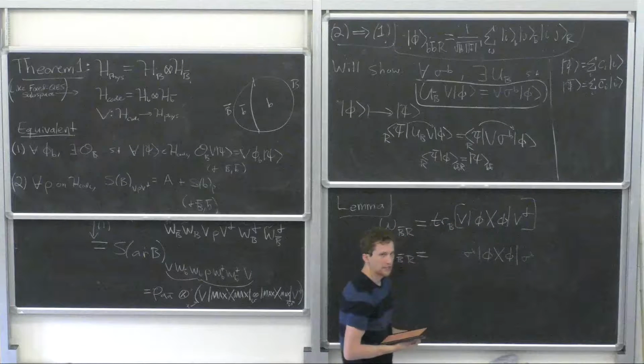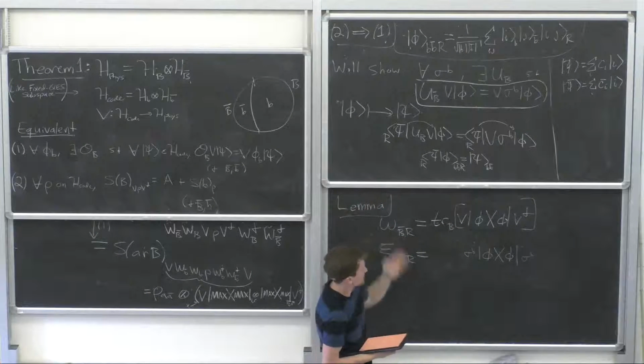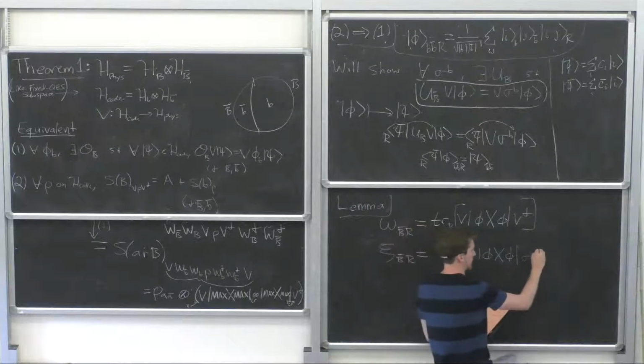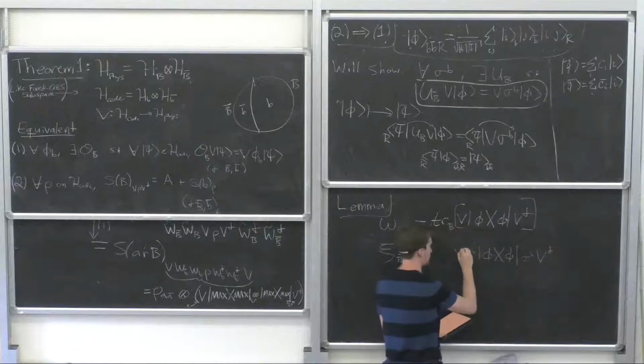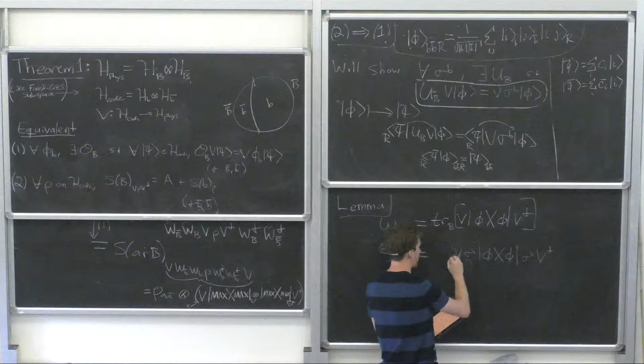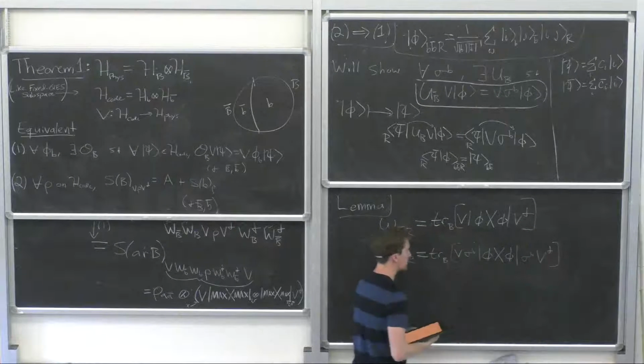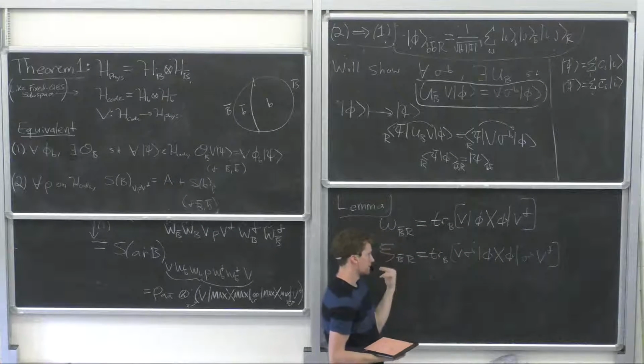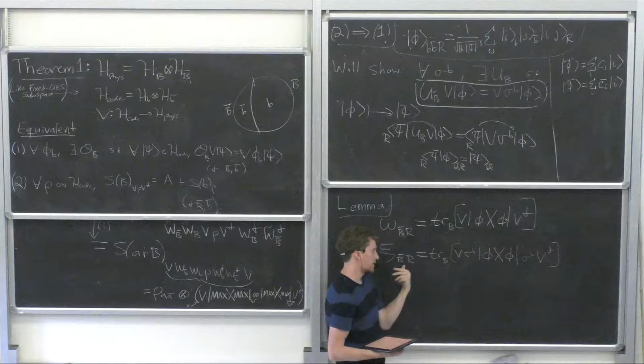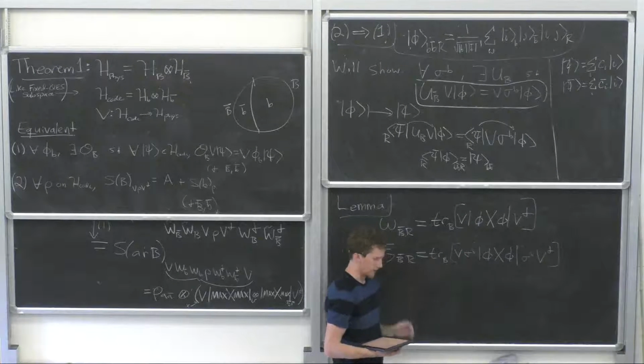So this is a state you would get by starting with that state, acting some Pauli matrix on little b, and then mapping it with V, and then tracing out B. So the only difference between these is that before we mapped it with V and traced out capital B, we acted the Pauli on little b.